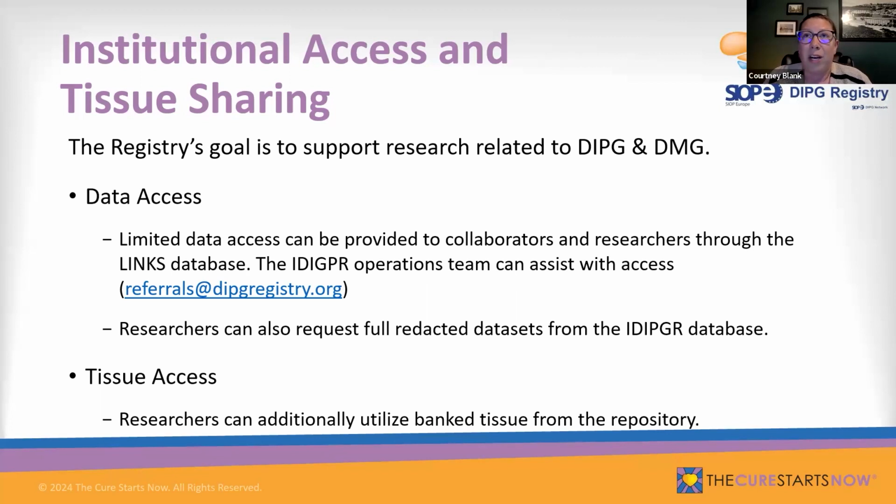It's all de-identified. There are filters in place so you can see how many patients are in the registry, but filter out, for instance, if you want to know how many patients had reirradiation, you could filter it and see the percentage or approximate number of patients that had reirradiation versus non-reirradiation.